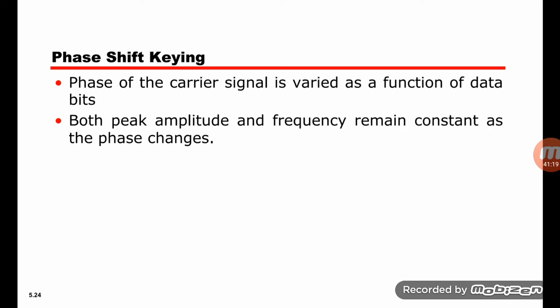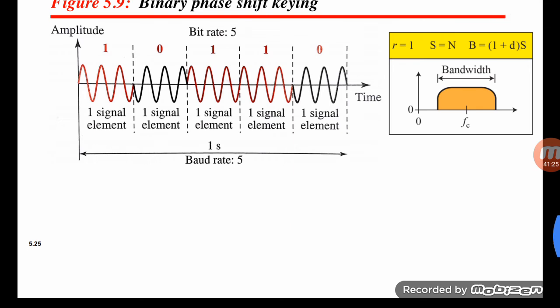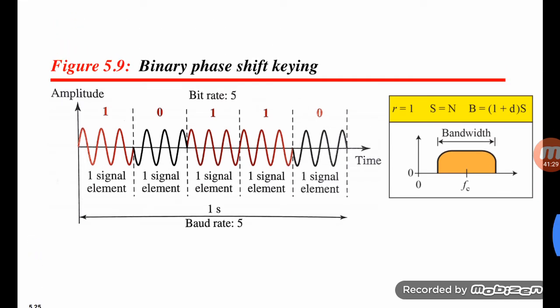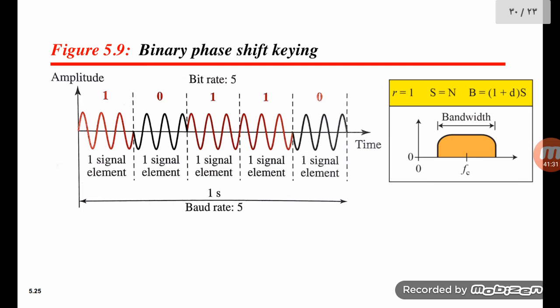You know this circle, it starts from 0 degrees. How much is this? 90. And then you come back to 360. So I have so many phases to be used.